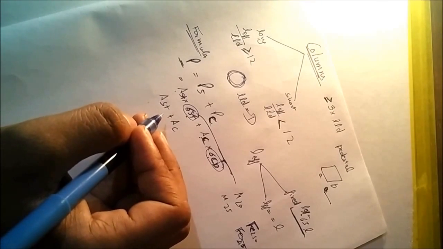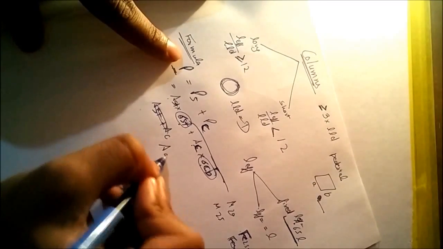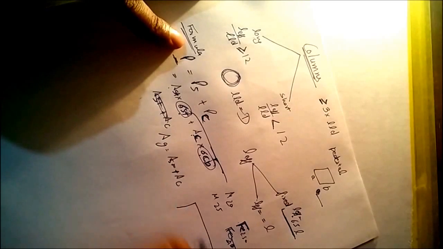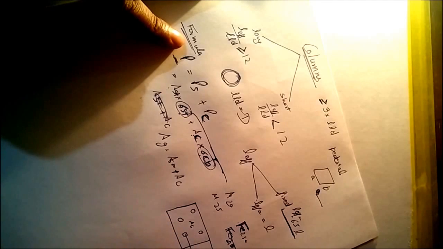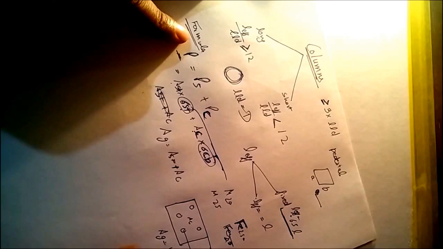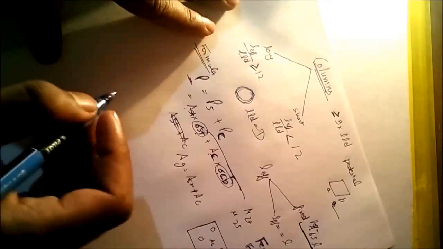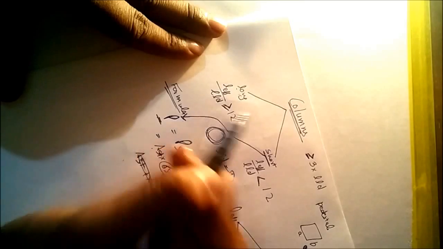And the gross area is equal to area of steel plus area of concrete, and gross area is equal to B into D. These are simple things.